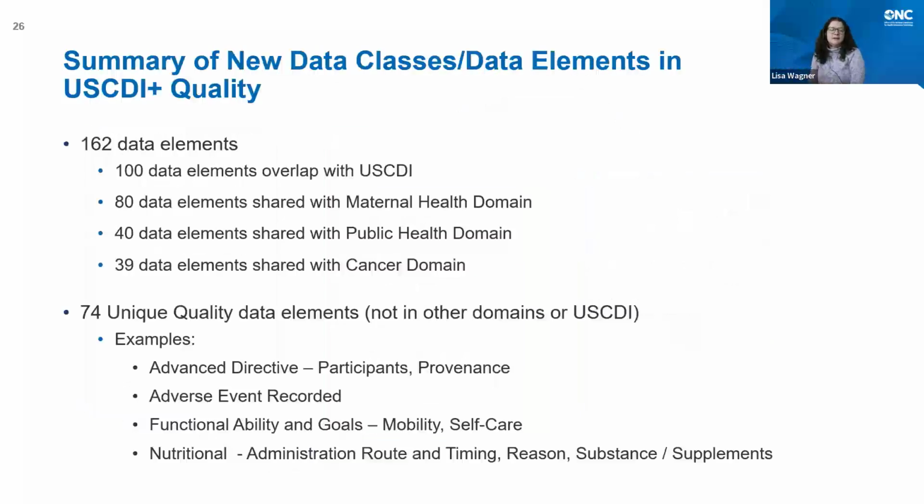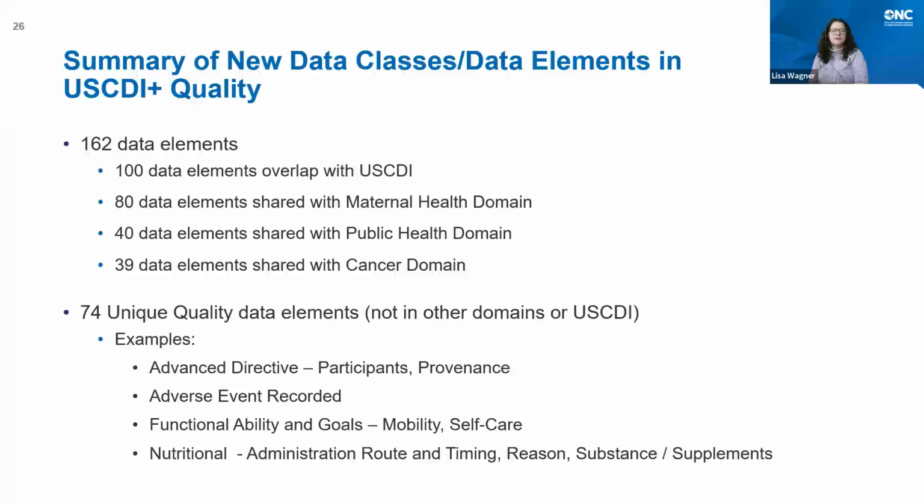So just to give a quick snapshot of what is included in the USCDI Plus quality data element list. We published our version 0.1 for public comment in May this year on the eCQI Resource Center. And it includes 162 different data elements, but a lot of those data elements really overlap with USCDI.